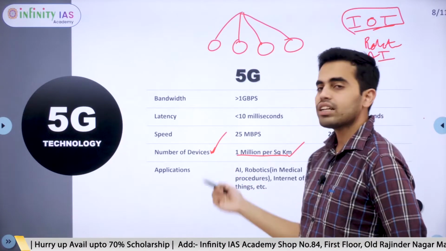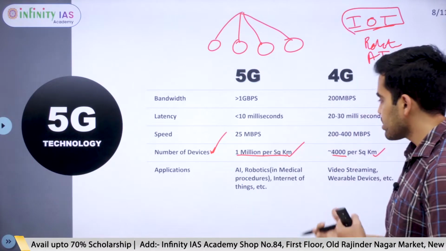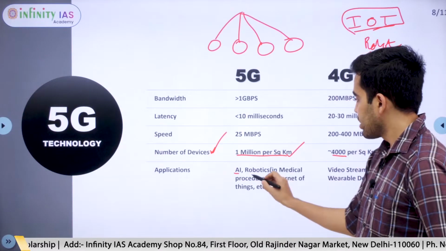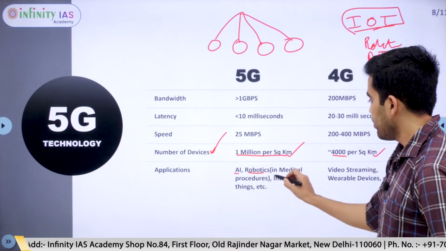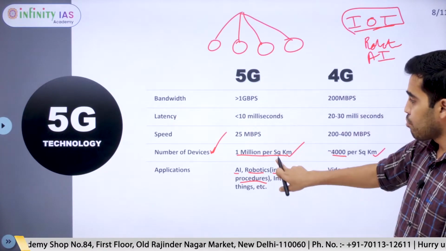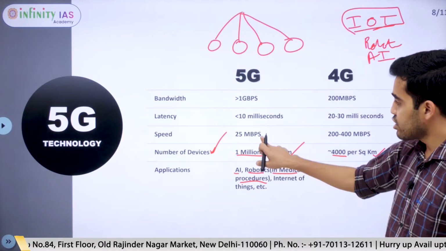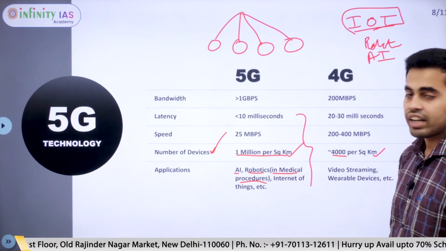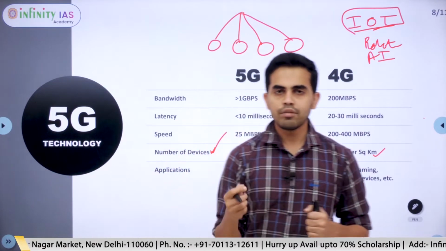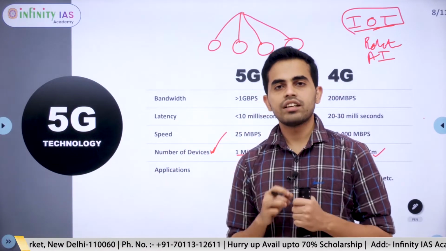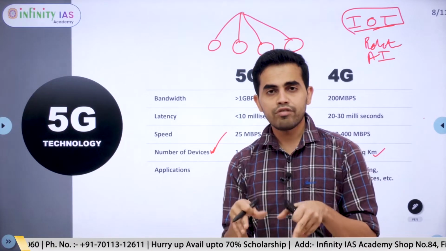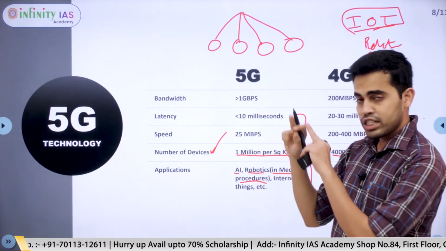So we will see what are the applications that are used in 5G technology. For example, AI, then robotics, even in medical procedures. We have already seen that the number of devices, the latency and the speed is very good in 5G. In medical procedures, if we are using robotics, for example, performing a robotic surgery, the robot has to send many images of the inside of the human body to the display.